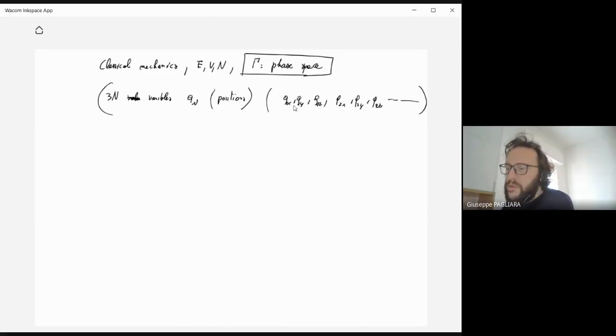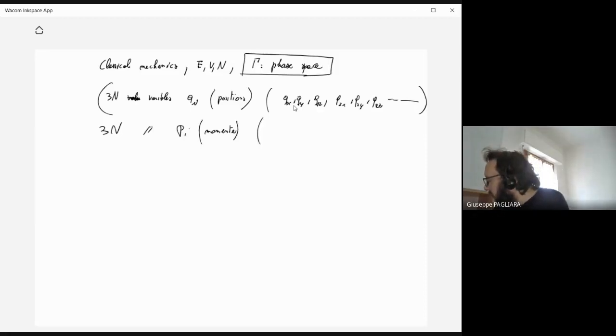For each position, I need the 3 variables, and then I have a total of 3N, N being the number of particles, since for N particles I need 3 quantities in order to fix the positions. And similarly, I have 3N variables of the type p_i, which are the components of the momenta. So again, this will be p_1x, p_1y, p_1z, p_2x, p_2y, etc.